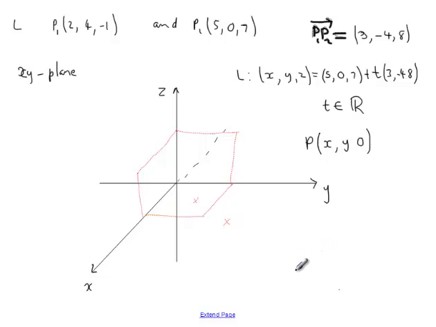So let's take a point and put it here and say x, y, 0. Am I right? There's something which is a bit funny for me here.